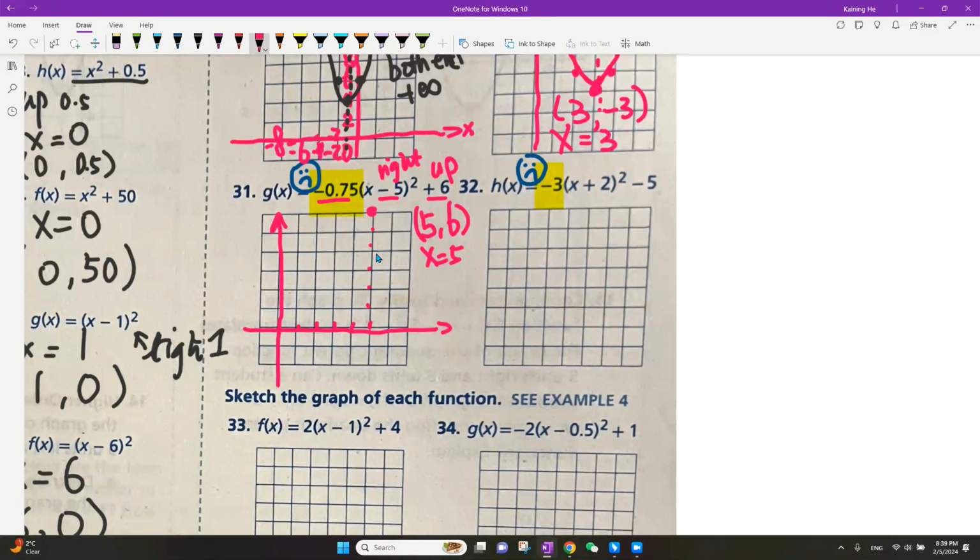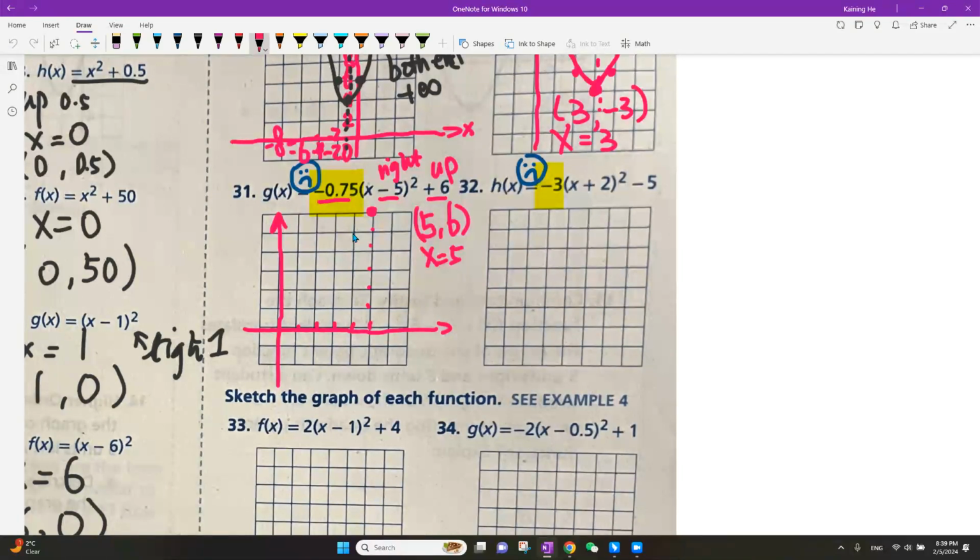negative 0.75 plus 6. So what do you have? Negative 0.75 plus 6, or in other words, 6 minus 0.75, if you plug in positive 4 as a calculation.